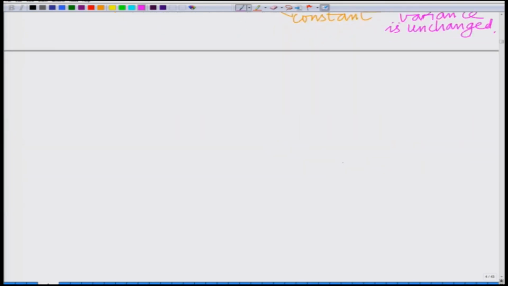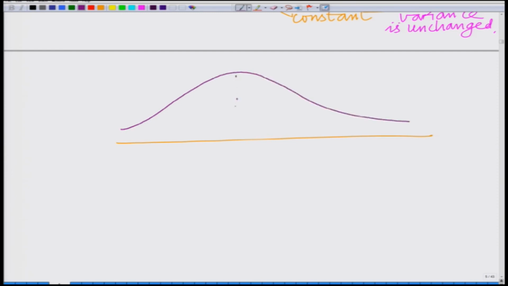Variance is, so basically what we are saying is, if you have an initial Gaussian random variable with this probability density function centered at the mean mu, this is the probability density function of n.